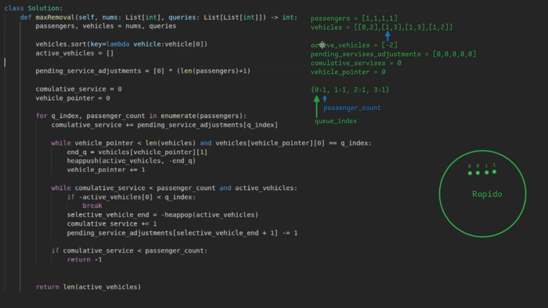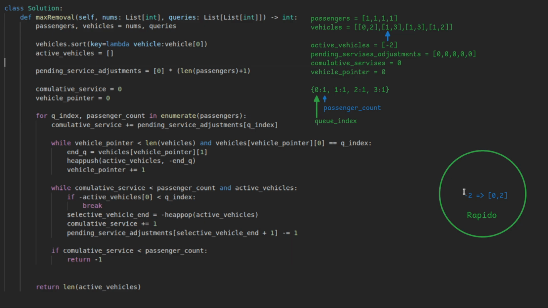So I am already adding it to available vehicles, that is -2. So suppose this is Rapido and I have put here -2, which means 0, 2, right? This is what it means. So currently I have this.